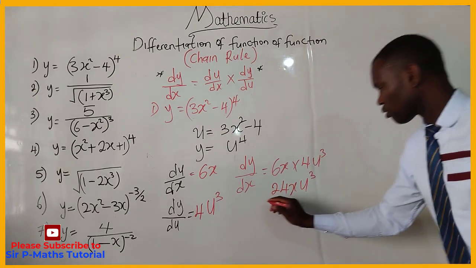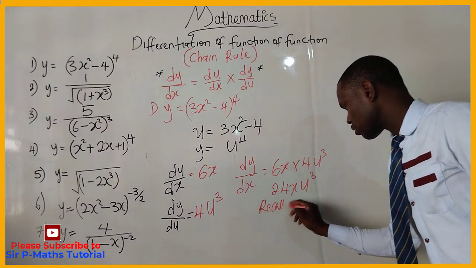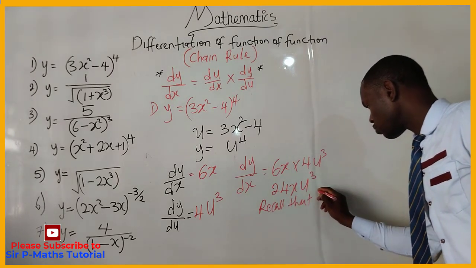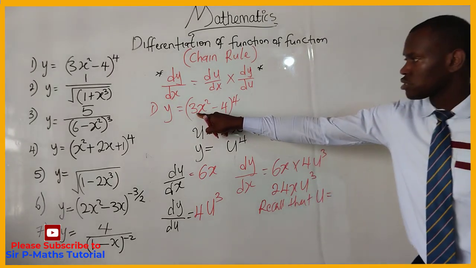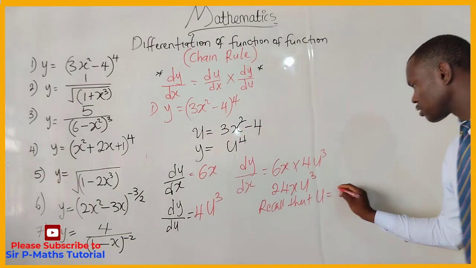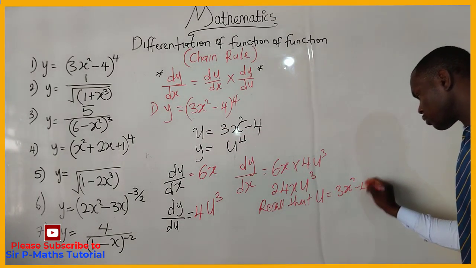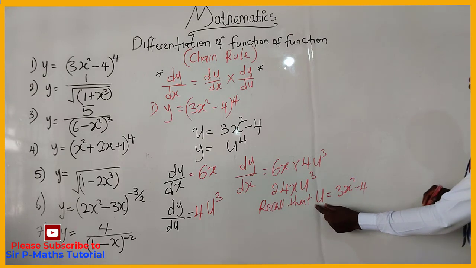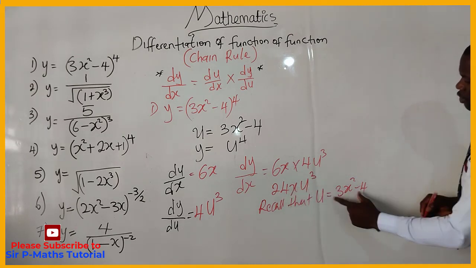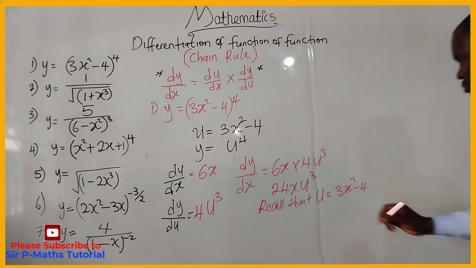Then recall that u is equal to this guy. Look at it here, 3x squared minus 4. So anywhere I have u in this derivative, I'll put the function.